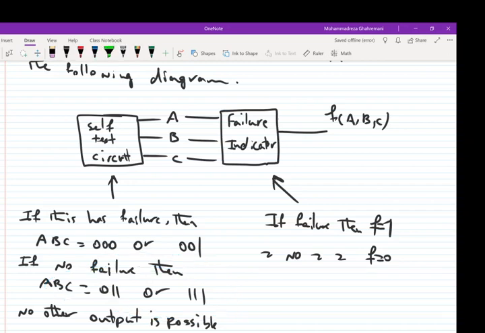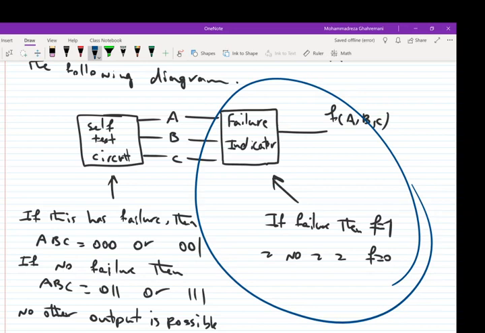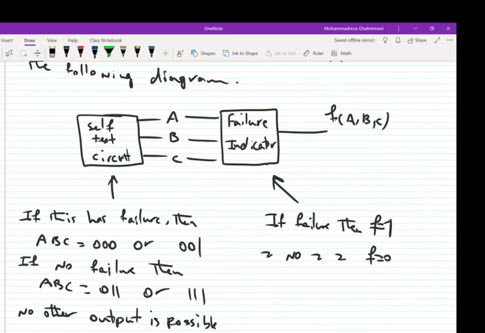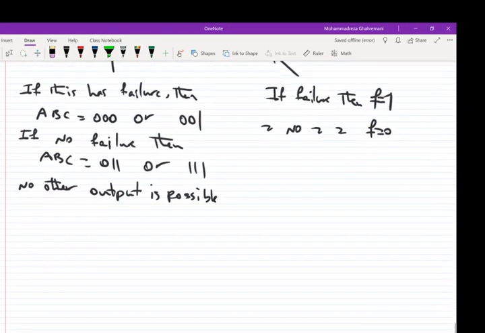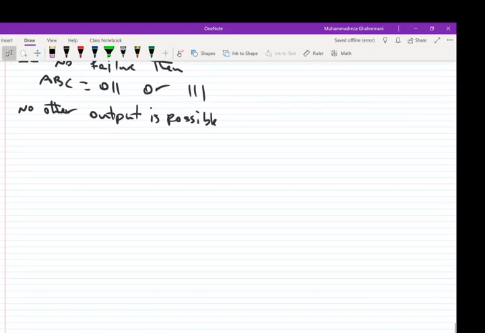No other output is possible, and this failure indicator says that if failure occurs, output is 1. If no failure, output is 0. Okay, so because we have three inputs, we need to write the function.